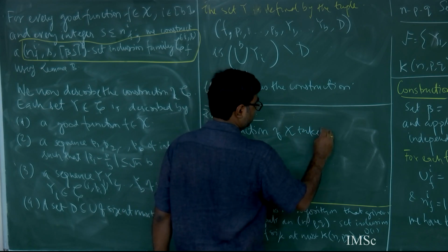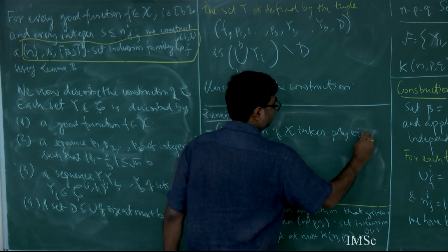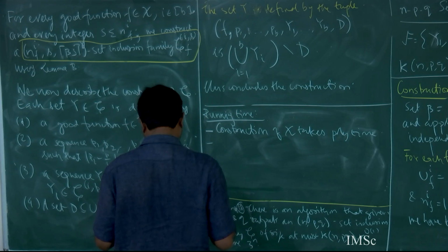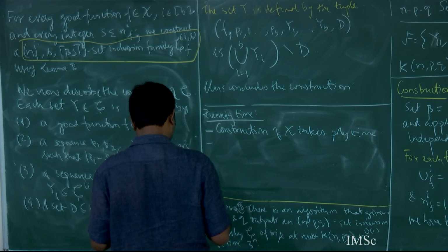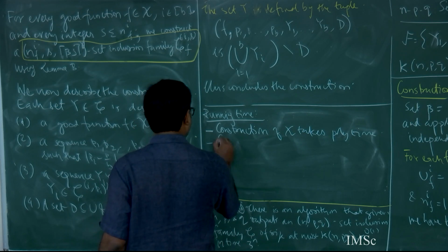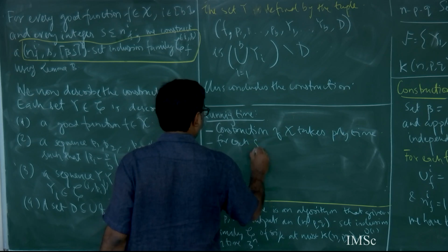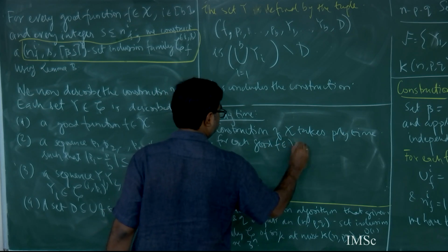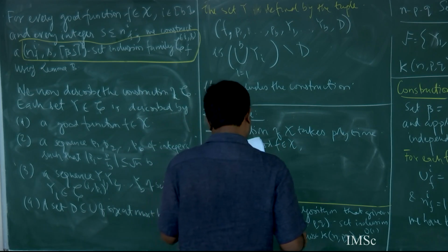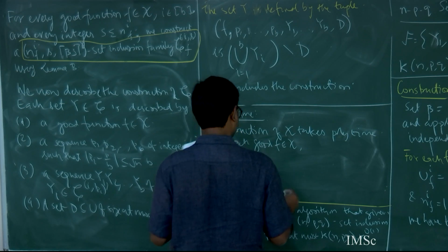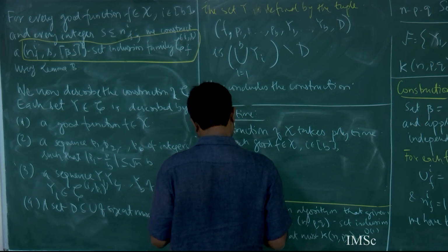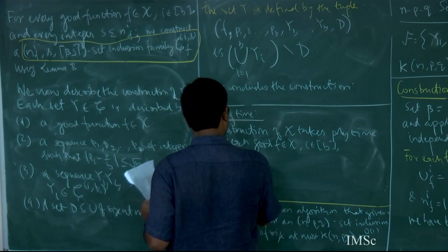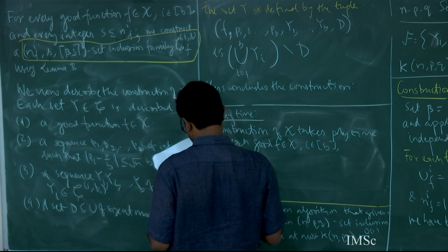Chi takes poly time. That's one thing. For each good f in chi, for each i in B, how much will be Ni of f?